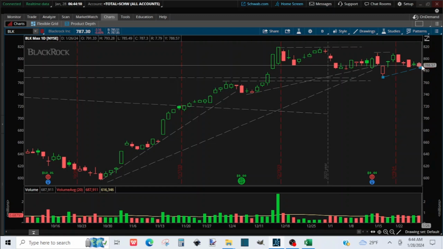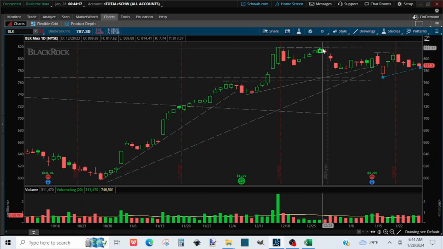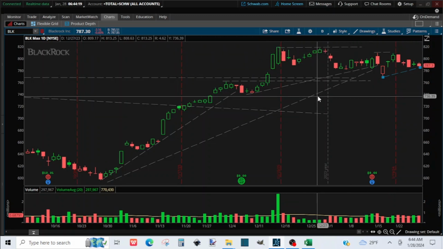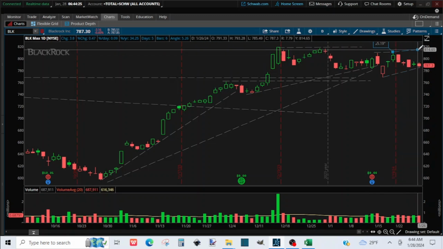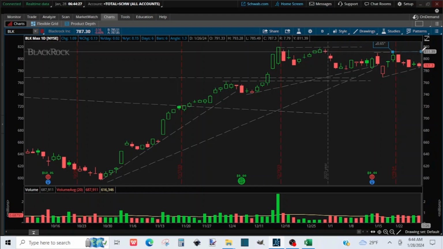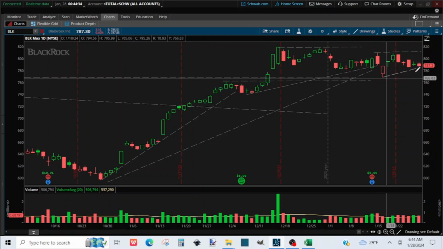So I'm catching this trend at the peak. You can see it's created a lower high here compared to this previous one from this existing trend. Therefore, it is a new trend. The previous trend ended. We started a new one, and it created a higher low compared to this one.